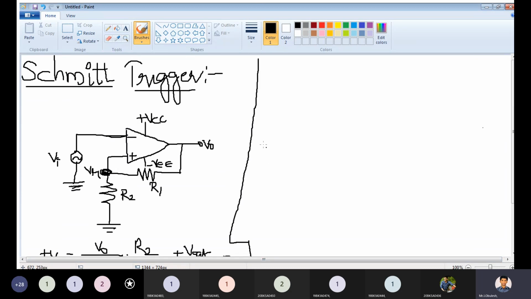Here we have these two equations, right? So those only need to be modified. VUT, upper threshold voltage, is equal to plus V saturation divided by R1 plus R2 into R2.